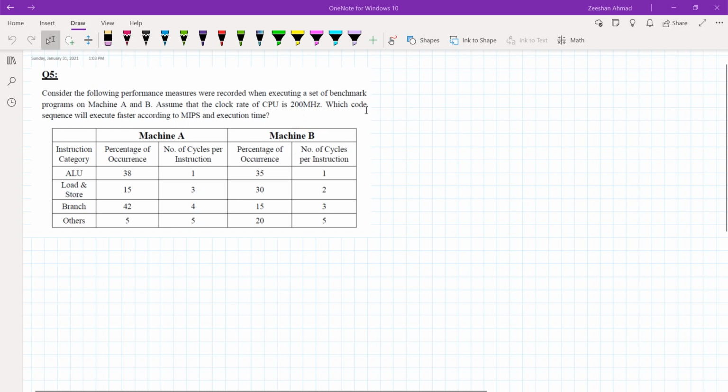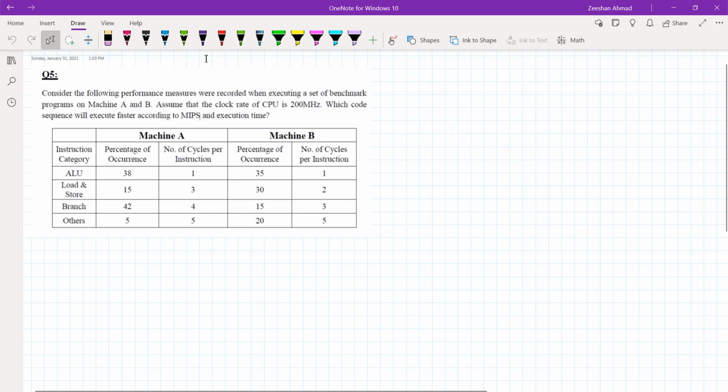Now he asks which code sequence will execute faster according to MIPS and the execution time. So we need to find out which code sequence is faster according to MIPS, as well as according to the execution time, meaning the CPU time.